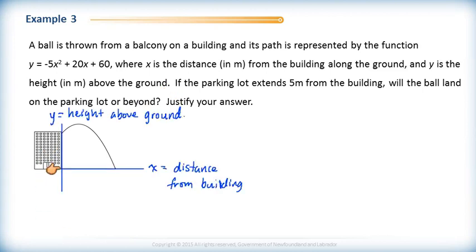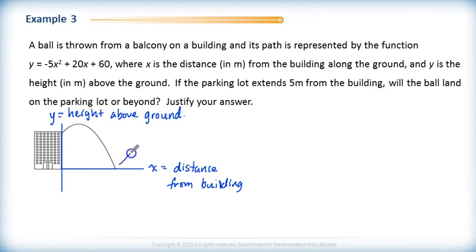So I've added some axes here to my diagram. The x-axis represents the distance of the ball from the building. The y-axis represents the height of the ball above the ground. The question is, if the parking lot extends 5 meters out this way, does the ball land beyond the parking lot, at the edge of the parking lot, or before the edge of the parking lot?